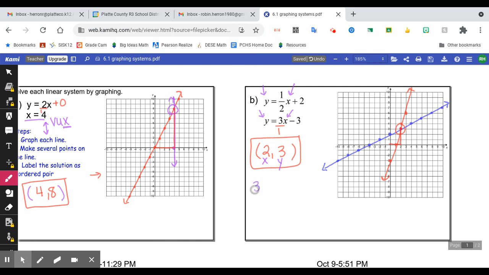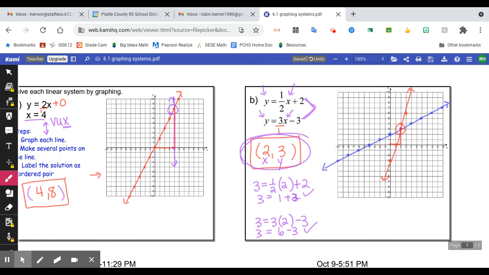This guy gives me 3 equals 1/2 times 2 plus 2. Well, half of 2 is 1, plus 2 equals 3. So that one worked. The bottom one, 3 equals 3 times 2 minus 3. 6 minus 3 equals 3. So that one works. So when you plug them in, they both work in both equations.